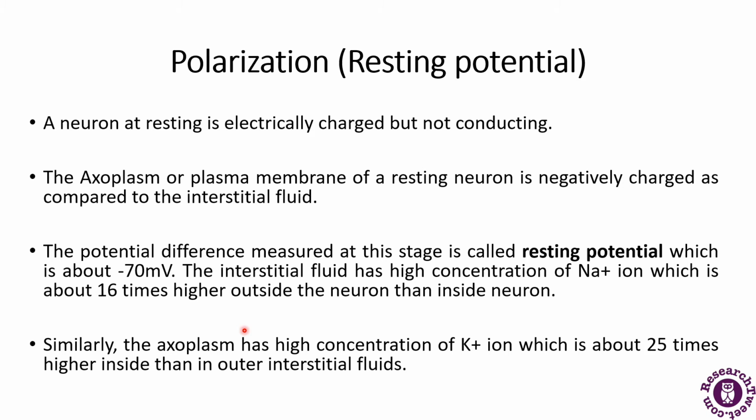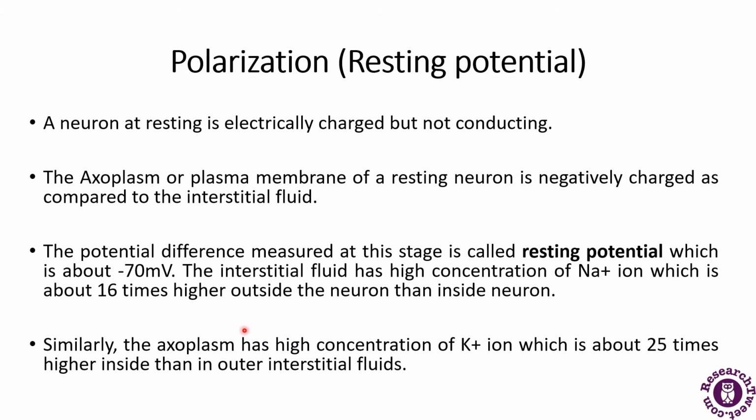Similarly, the axoplasm or the plasma membrane has a high concentration of potassium ions, which is about 25 times higher inside than outside in the interstitial fluid. Due to this difference in concentration of the ions, the sodium ions tend to diffuse into the axoplasm, and the potassium ions tend to diffuse outside.